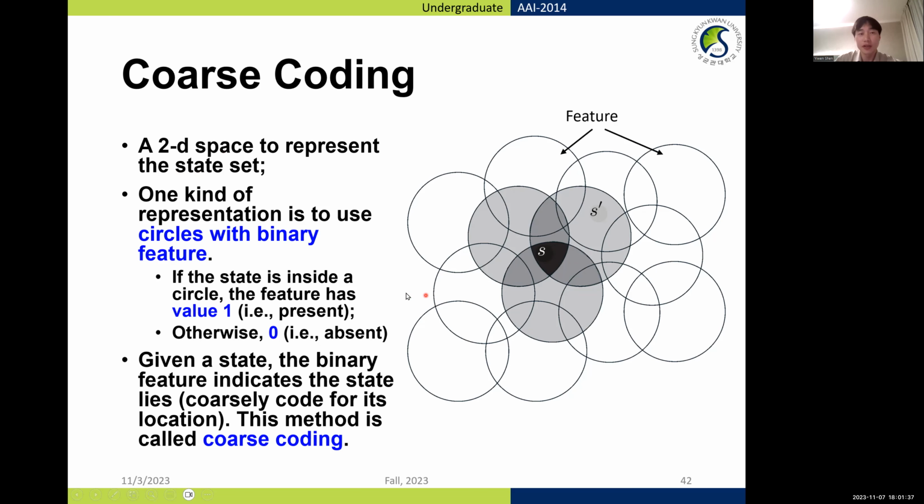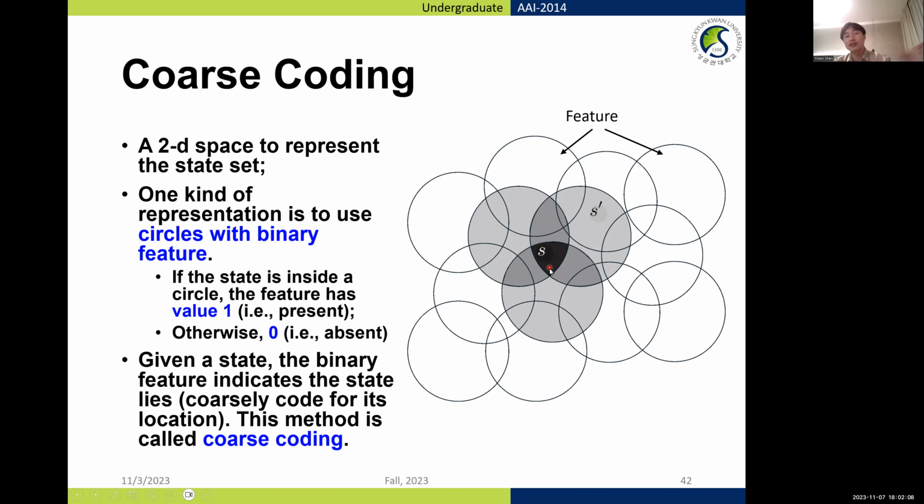One of the methods is to use circles with binary features to represent the state. Consider you have a 2D space, then you use multiple circles to represent one state. For example, with this state S, we use 3 circles to represent S, which is similar to state aggregation.